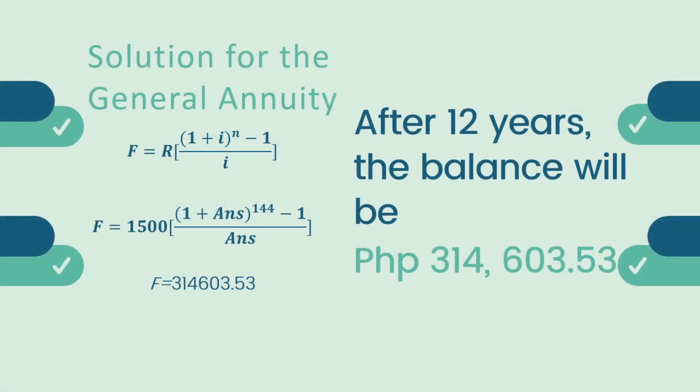Now, let's solve for the future value. It has a formula of R times 1 plus I raised to N minus 1 over I. And we'll just have to substitute the values, and we'll have 1,500 times 1 plus answer, which is the value that is too long, then raised to 144 minus 1 over ans, or answer, and we'll get 314,603.53.